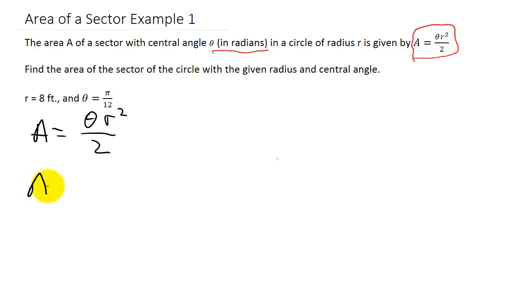So our area is equal to theta, pi over 12, times r squared, and here's r, it's 8. So that's times 8 squared, and then all of that is divided by 2.